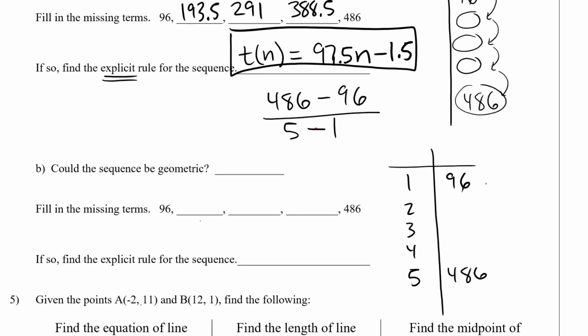So in this case, instead of adding the same thing each time, I'm going to multiply, multiply, multiply, multiply. I have to start with 96, and I continue to multiply by some number I don't know until I grow up to the value of 486. So let's say that we're multiplying by b.